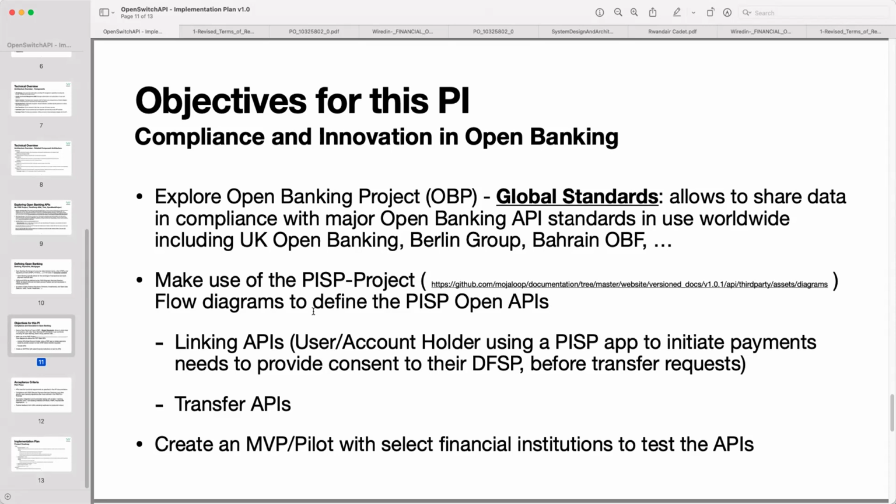And then, of course, we'll take a look at the PISP project to see how that would be what we use to interface with the hub itself. And then all this leads us to creating an MVP or a pilot that we will then expose to financial institutions and fintechs to test those APIs.